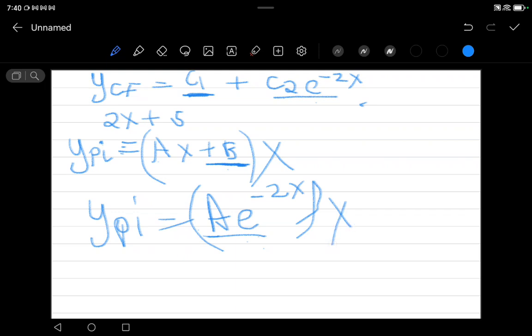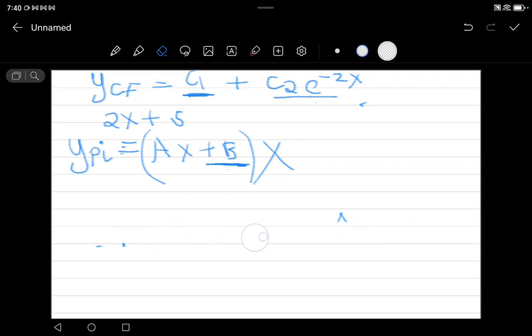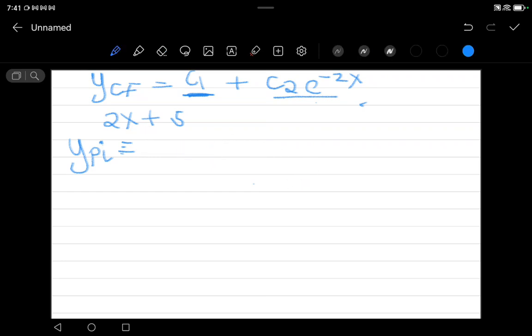If you have a repeating function from YCF and YPI, you multiply your YPI by x. All the time. So firstly, when you write your YPI, you check your YCF to see if it's repeating, if it's a duplicate.